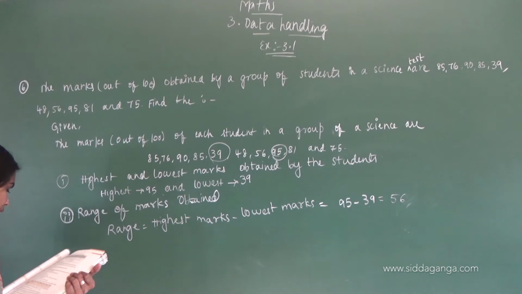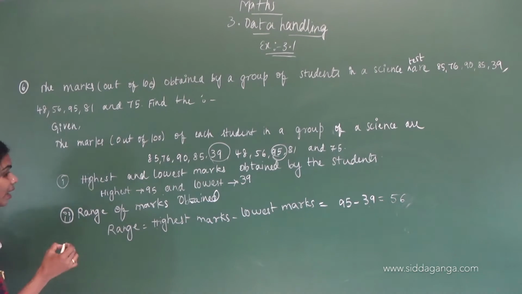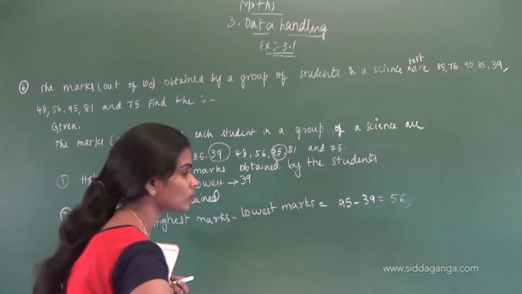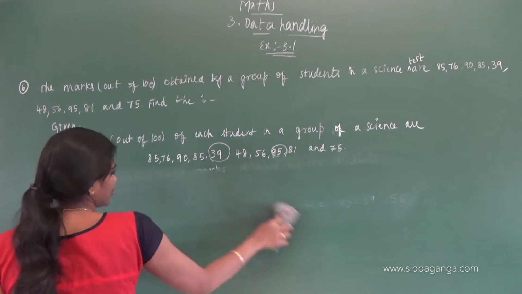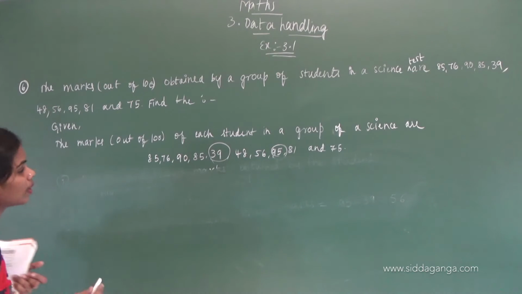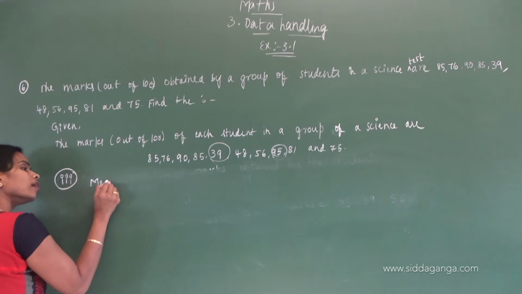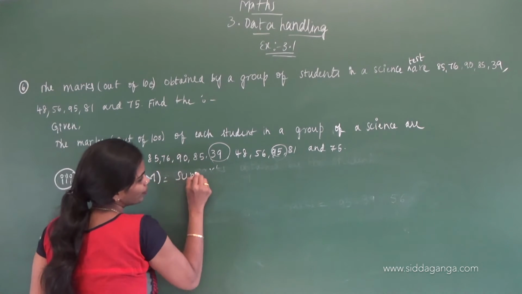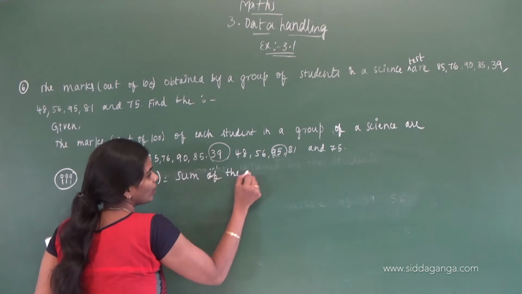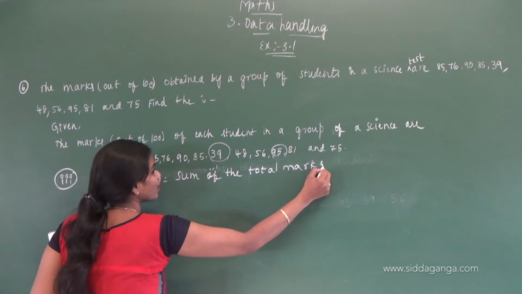And the next question: mean marks obtained by the group. What is mean? Arithmetic mean. What is the formula? Sum of the observations divided by the total number of observations.